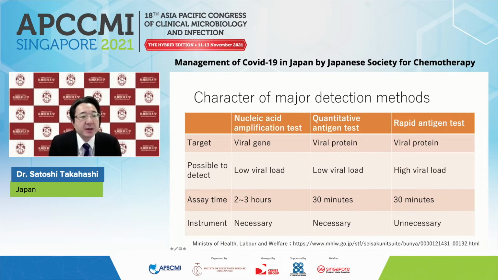NAT needs a couple of hours, two to three hours, while antigen test needs 30 minutes. NAT and quantitative antigen test require an instrument for detection, but rapid antigen test does not need an instrument.